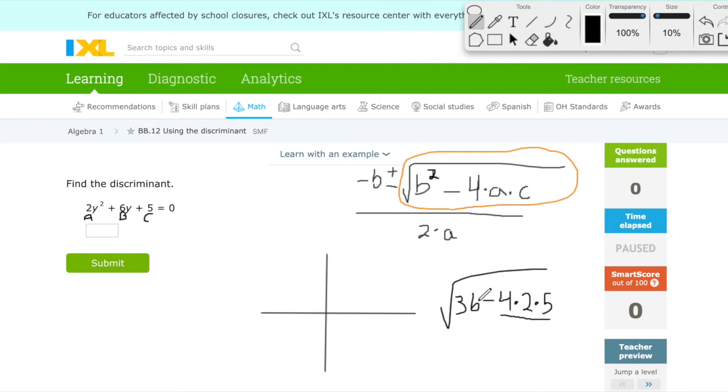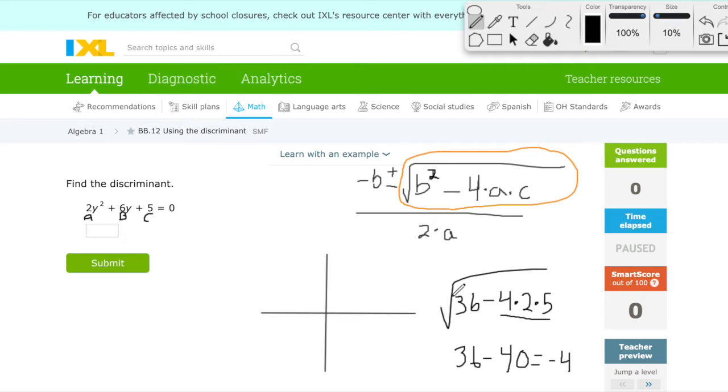So 4 times 2 times 5. Well, 4 times 2 is 8, times 5 is 40. So inside the square root here, I would have 36 minus 40, which would give us negative 4.